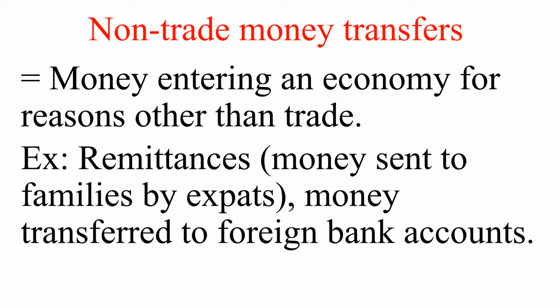This would be an example of the non-trade money transfers that we're discussing here. Another example would be money transferred to foreign bank accounts. Especially wealthy individuals sometimes move some of their personal money to offshore accounts located in tax havens, in order to avoid paying personal income taxes out of their wealth.